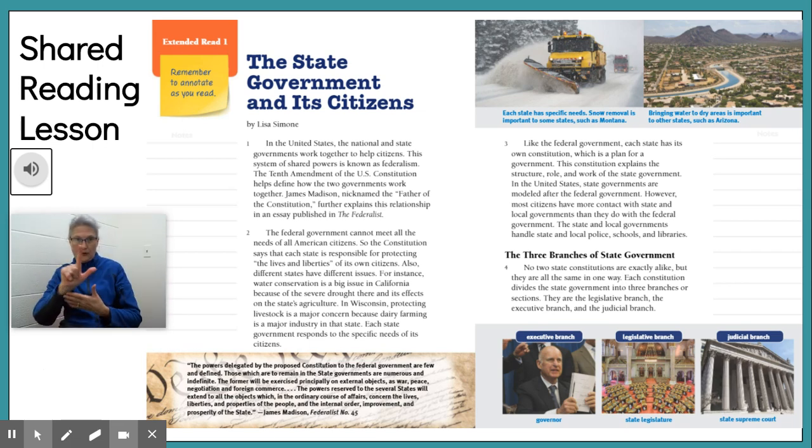The three branches of state government. No two state constitutions are exactly alike, but they are all the same in one way. Each constitution divides the state government into three branches or sections. They are the legislative branch, the executive branch, and the judicial branch.